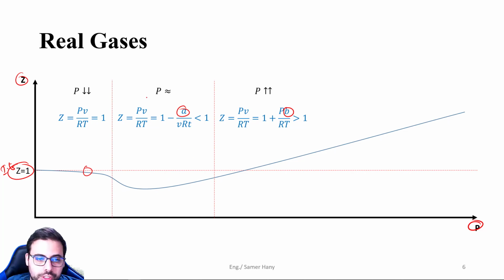In intermediate pressures, we'll find that the real gas actually has less volume than the ideal gas, since Z is lower than 1. And in higher pressures, the volume will start getting higher and higher as we increase the pressure.